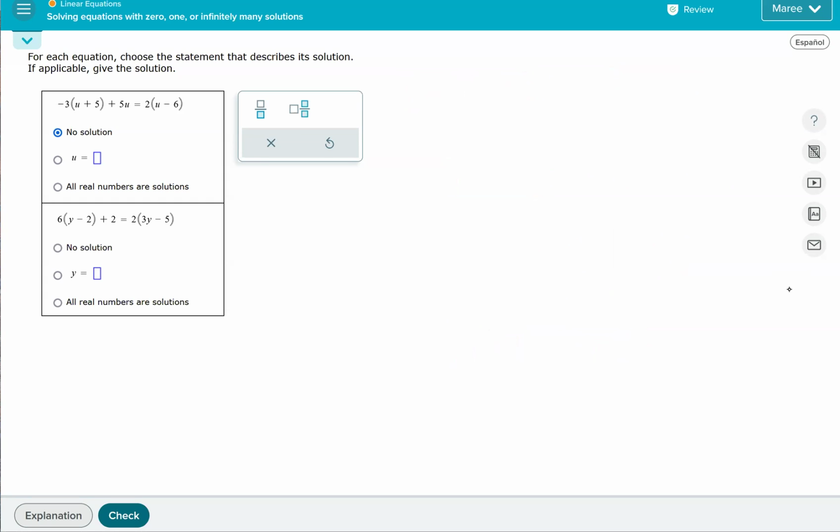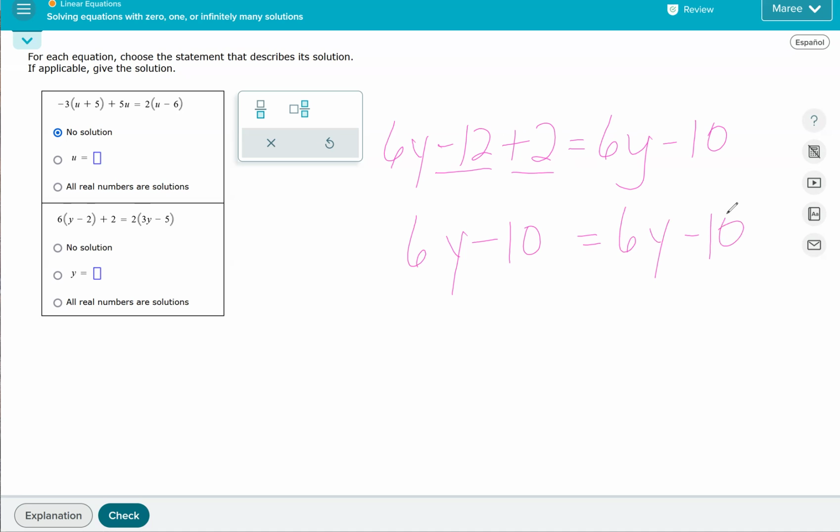Okay, let's do the second part. So we'll distribute. We have 6y minus 12 plus 2. 2 times 3 is 6y minus 10. Ooh, this is looking good. So when we combine -12 and plus 2, we get a -10. So we have 6y minus 10 equals 6y minus 10. That's going to always be true.